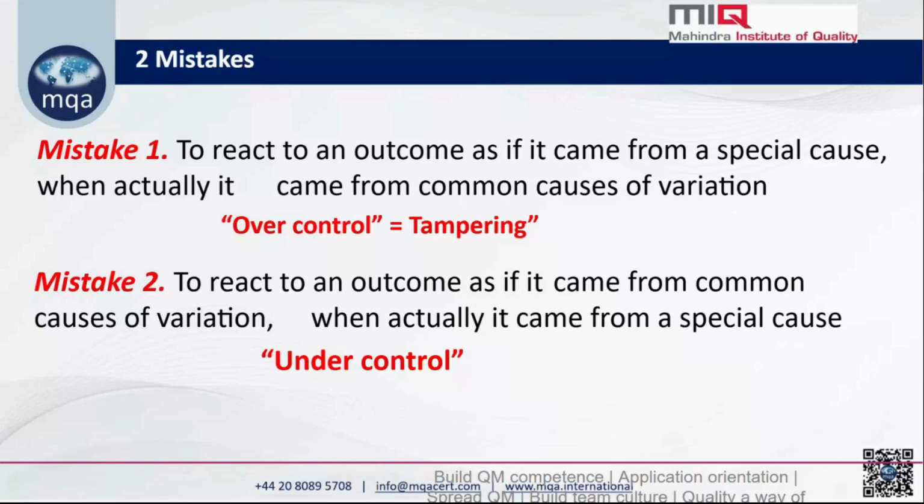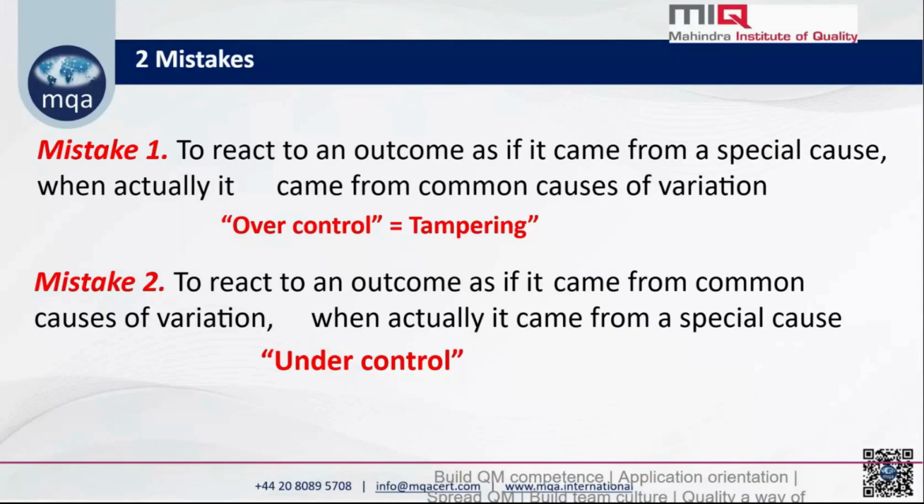So many times we make two types of mistake in SPC. The first mistake is to react to outcomes as if they came from special cause when actually they came from common cause. Sometimes it is very difficult to define whether it is special cause or common cause. Then we start increasing the control, thinking special controls are required.